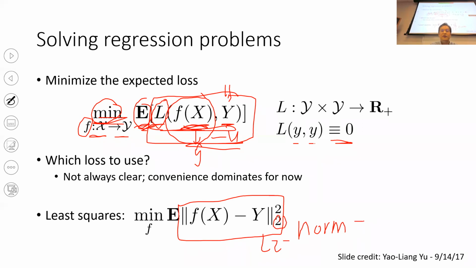L2 norm is equivalent to the way you calculate Euclidean distance, right? You calculate Euclidean distance by taking the elements inside these 2 bars, squaring them, summing them, and taking a square root. Remember that?